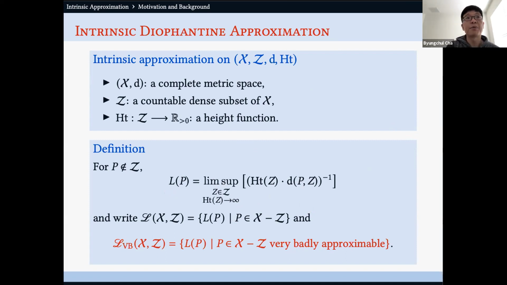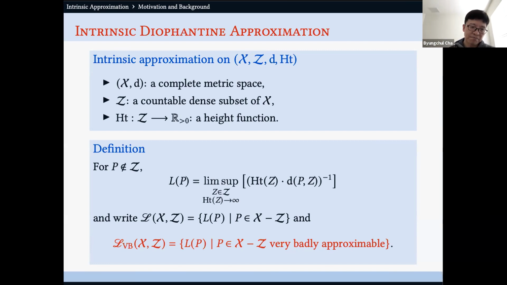So if you're an expert in this area, then you'll probably have already noticed that I do not bring in the concept of a Dirichlet function in formulating the Lagrange numbers here. That's just for simplicity. So for those experts, what I will do is simply fix an optimal Dirichlet function so that we have plenty of supply of badly approximable points, and then we will subsume that Dirichlet function into the height.